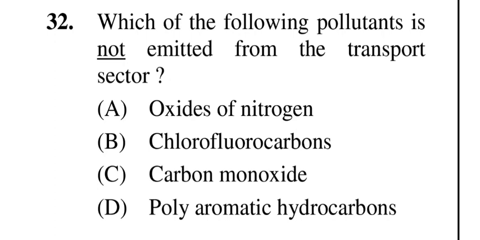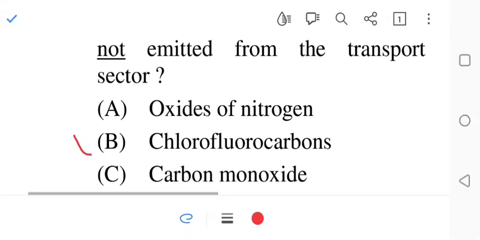Please remember the question says not emitted; you must emphasize on it. The correct option will be B, chlorofluorocarbon is the pollutant that is not emitted from the transport sector.